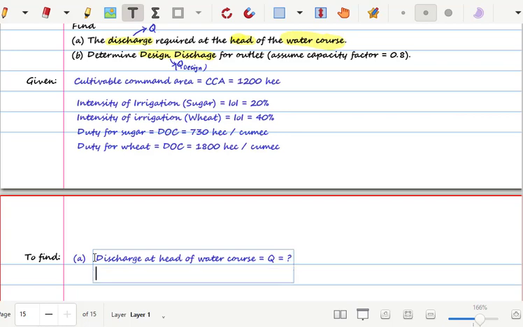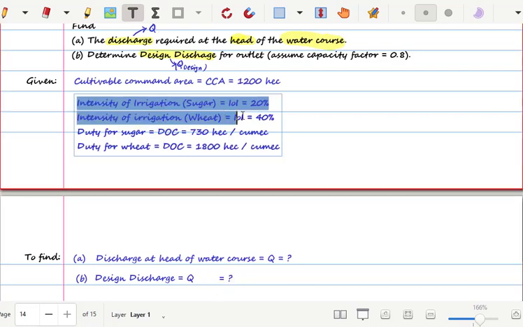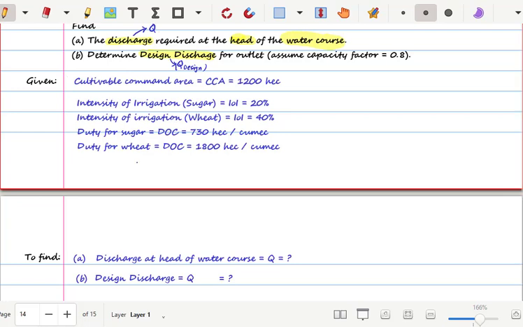We need to find this one in the first part, and in part B we are supposed to find design discharge, which is represented as Q design, which is equal to question mark. We need to find it out. So the first thing is Q average and second is Q design.